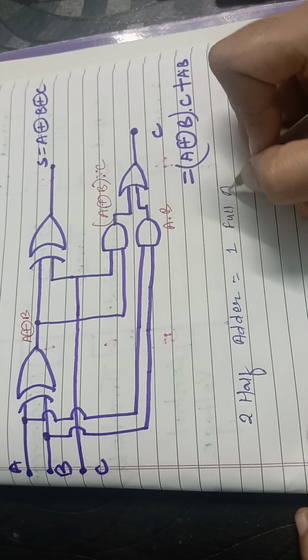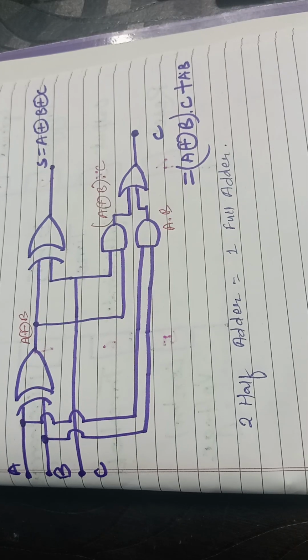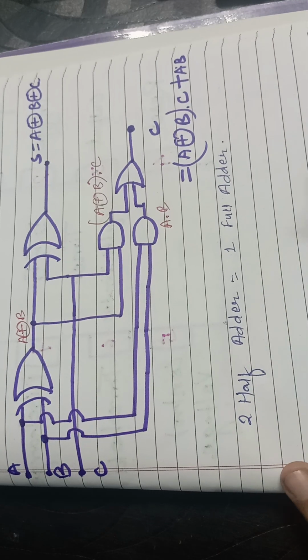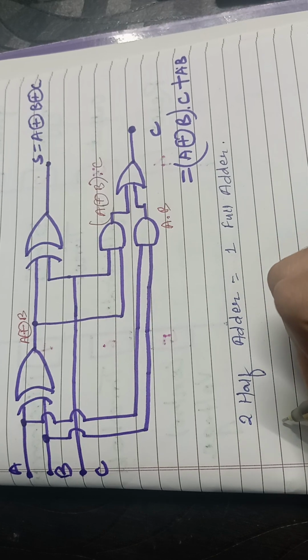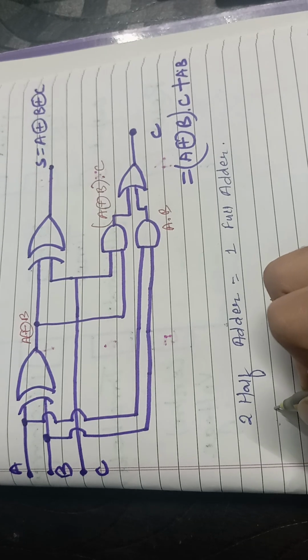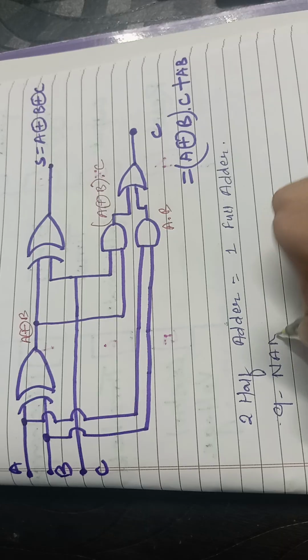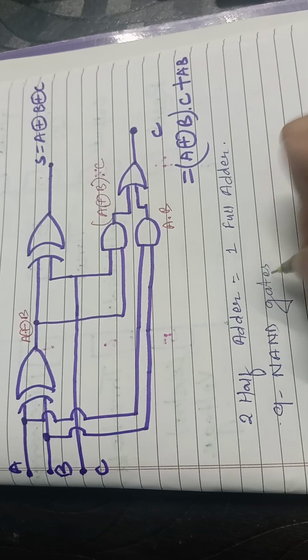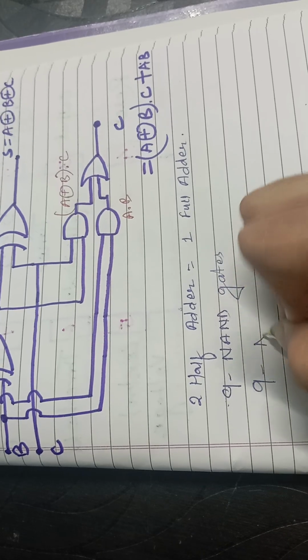And if we are using the universal gate, in half adder we were using 5 NAND or 5 NOR. So to make a full adder we need 9 NAND gates, and 9 NOR gates.